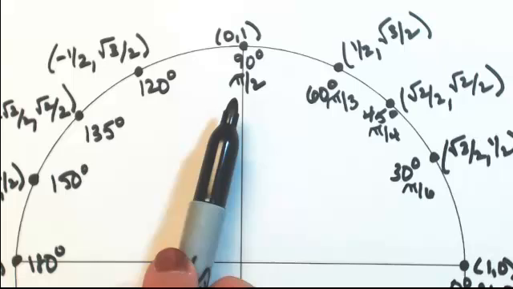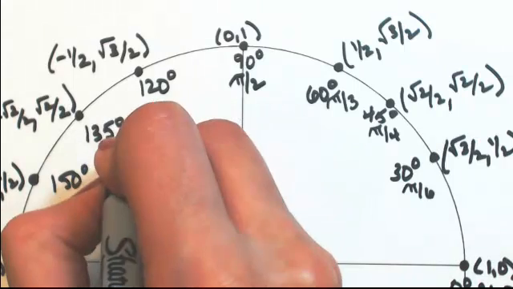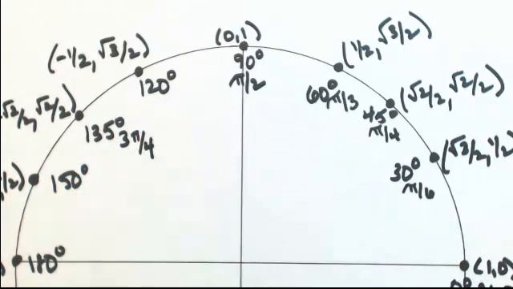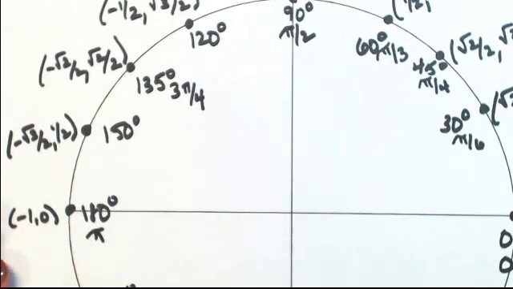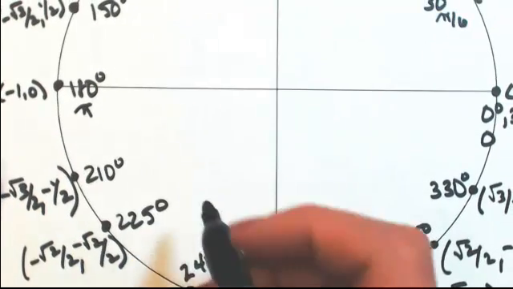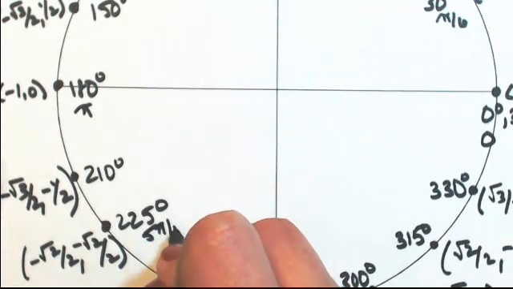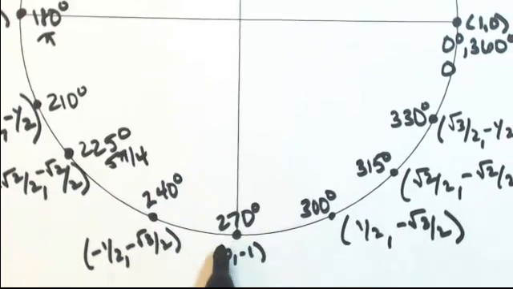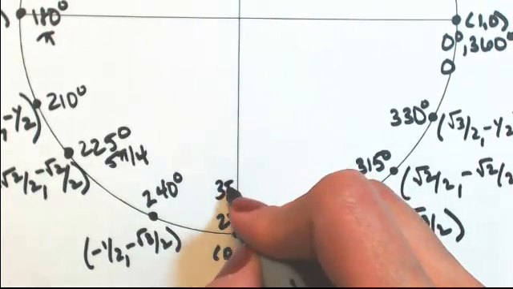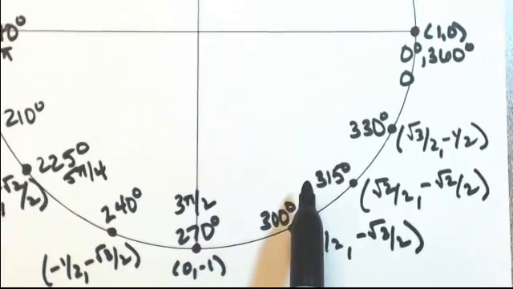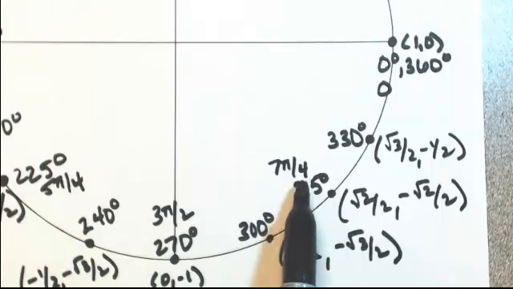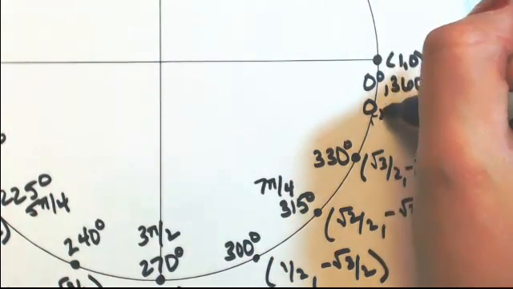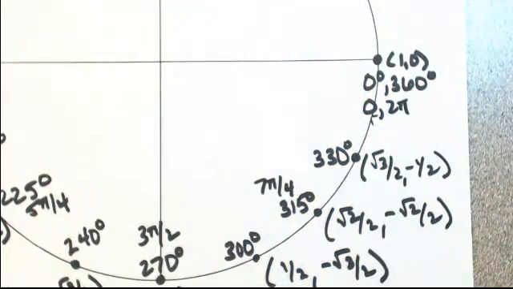Add pi over 4, again this was 2 pi over 4, so now 3 pi over 4. 4 pi over 4, in other words pi, 5 pi over 4, 6 pi over 4, reduced down to 3 pi over 2, and then 7 pi over 4, followed by 8 pi over 4, or reduced to 2 pi. Okay, so those are all the 45 degrees.